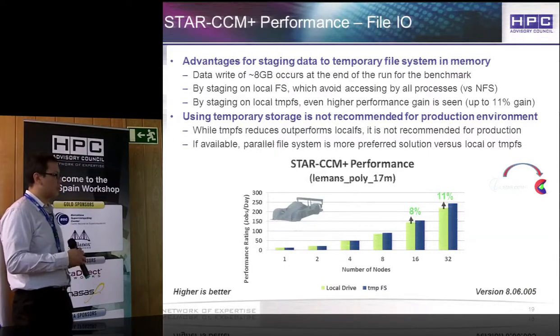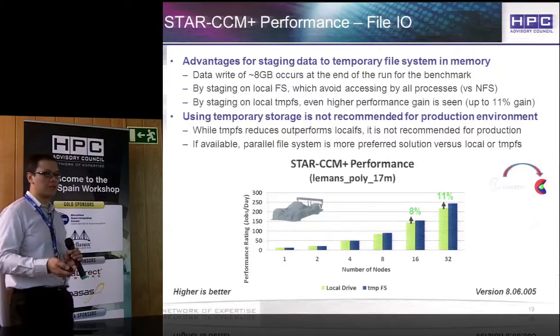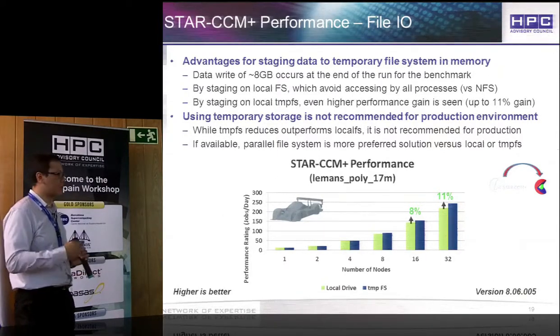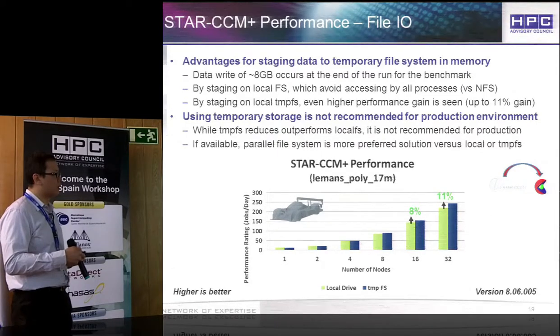So this is actually an interesting observation, just to see if there's actually a difference. In my opinion, I did not think that there would be much of a difference by staging it onto the memory itself. I know it's going to be faster, but it didn't occur to me that... well, actually, what I mean is that it's mounted on the local file system, so one of the nodes is actually acting as the NFS server.